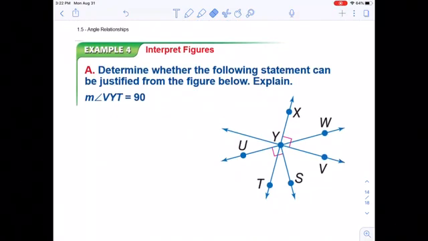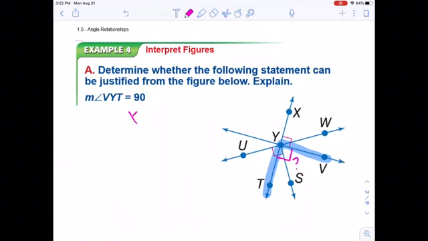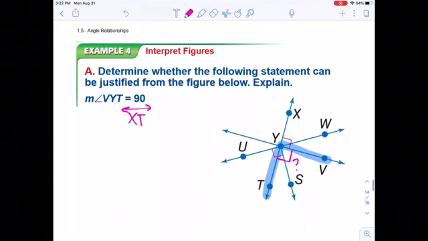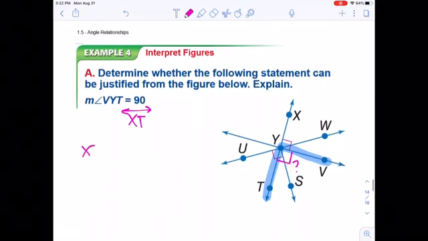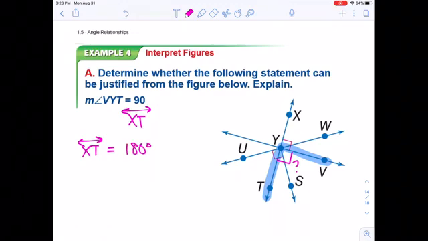Determine whether we can justify that the measure of angle VYT equals 90 degrees. I'm going to go ahead and give us that XT is a line. So we know that line XT equals 180 degrees.